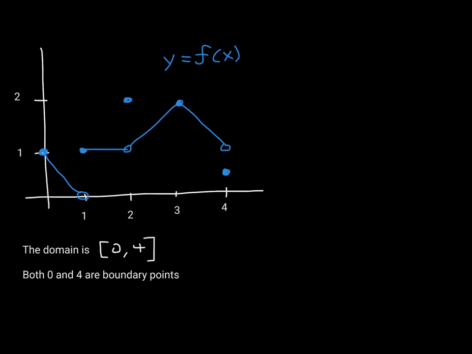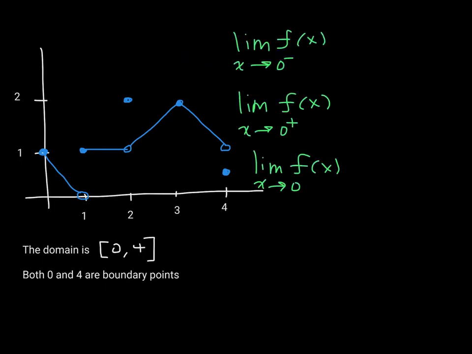Let's start. Okay, first, the limit of our function as x approaches 0 from the left. Now, as x approaches 0 from the left, wait, hold on. The function is not even defined to the left of 0. 0 is a boundary point. The function is not defined to the left of 0.